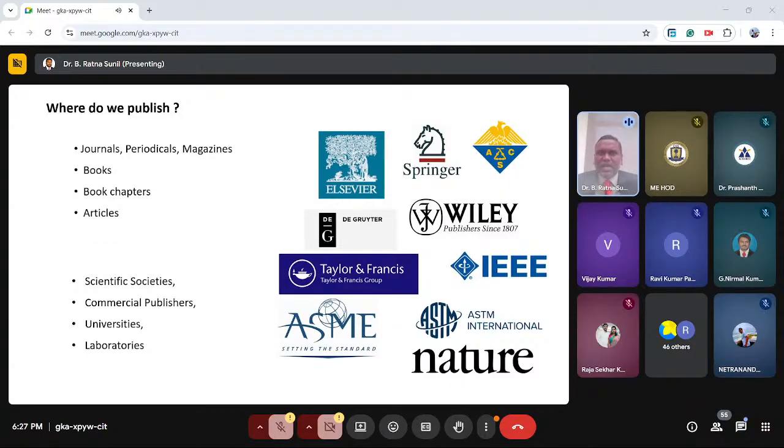Therefore, don't choose any unknown random publishers. Only choose the best publishers, check their website, and check in the database also. I will show you a couple of slides regarding that. From the database you identify the genuine publishers, and only then you submit. Otherwise, the data that you generated by your hard work, spending a lot of time, will be vanished without any recognition.